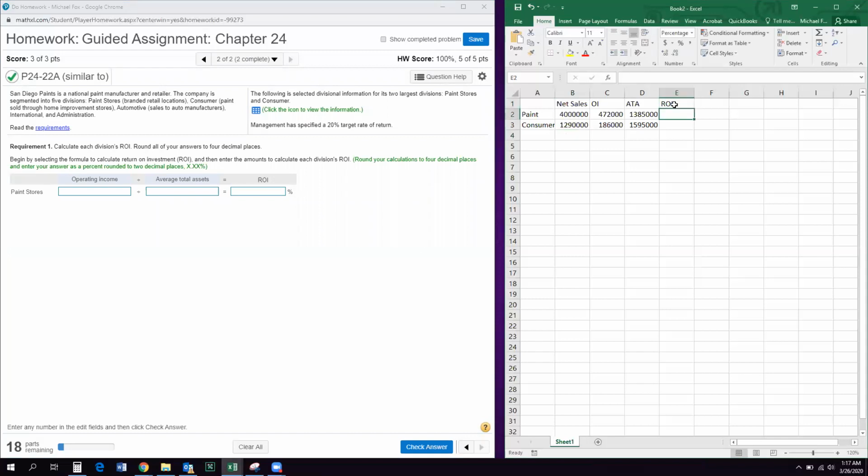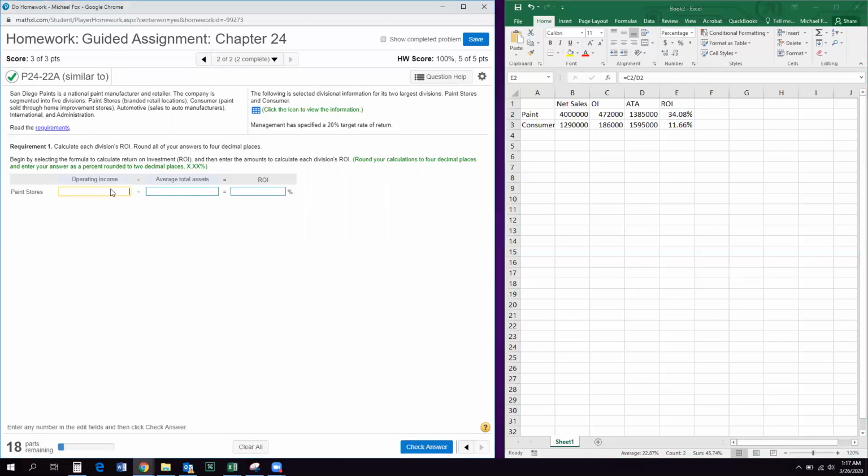And we'll find our ROI, which is what we just said, our operating income divided by our average total assets. Now I went ahead of time and set these up so it would give us our answers in percentage and things like that, just to make it quicker.